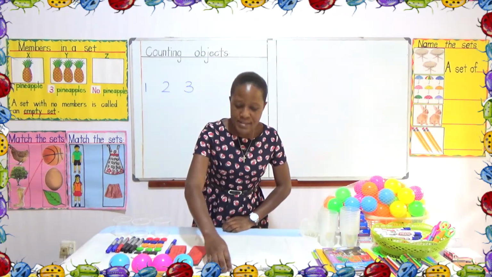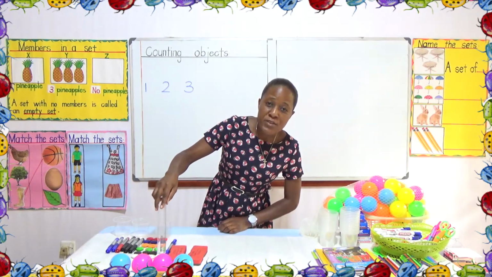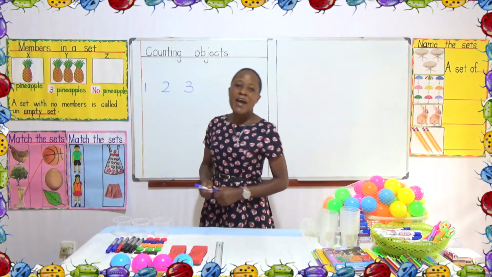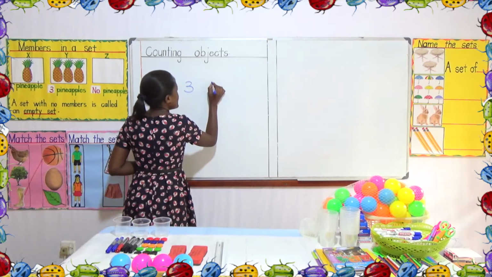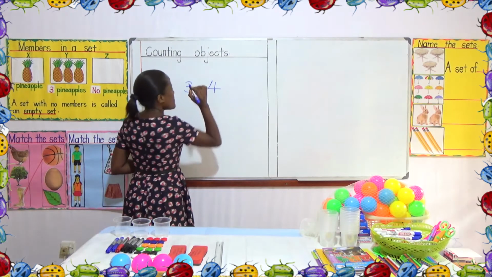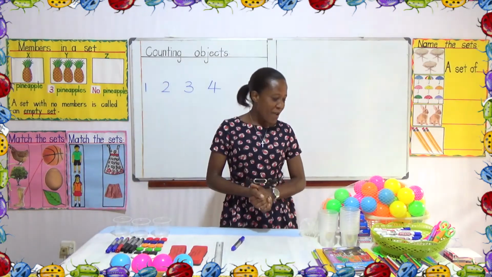Let's count again. 1, 2, 3, 4. They are 4 balls. How do we write 4? We write 4 just like that. Very simple. We go to the next number.